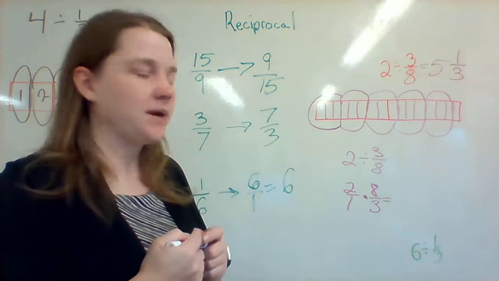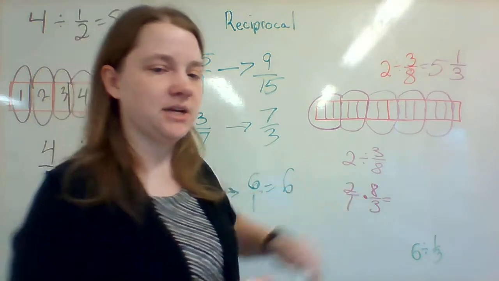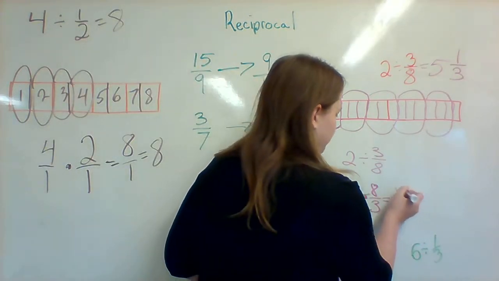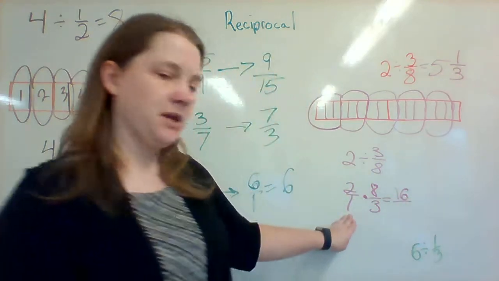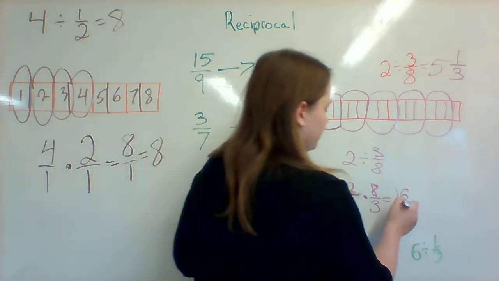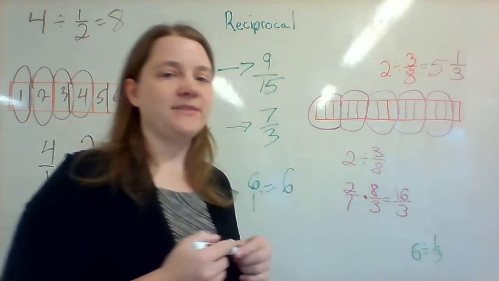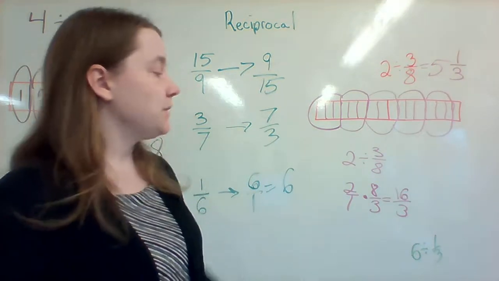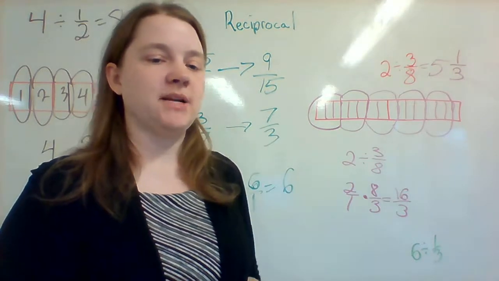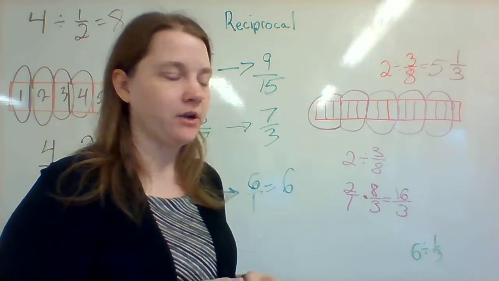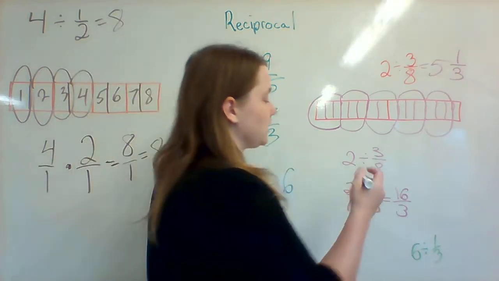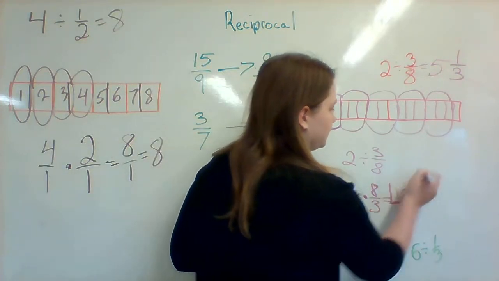When I multiply, I multiply 2 times 8, which is 16, and 1 times 3, which is 3. Now I have 16/3, which is not an appropriate answer because it's not simplified as far as it can go.